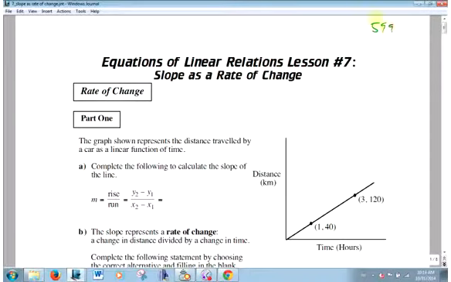599. So this isn't really new. We've already kind of done this, and those of you in science have done this as well. Slope as a rate of change. Anyone know what the odometer on your parents' car displays your speed as in terms of units?